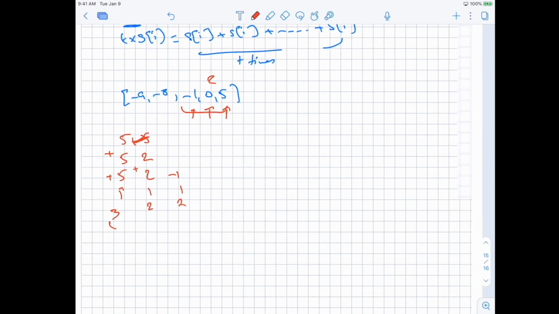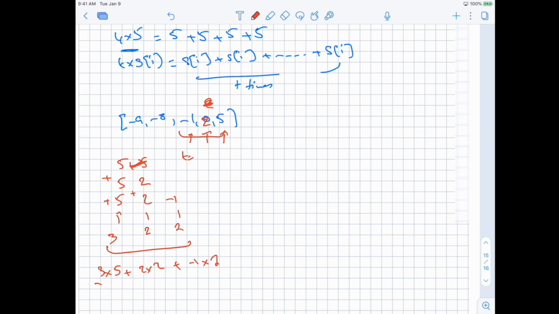And so this essentially is going to end up like 3 multiplied by 5 plus 2 multiplied by 2. This is supposing we had 2 here. And then plus -1 multiplied by 1, right? And now what is this? This is actually just if we had time, t equal to 1, t equal to 2, t equal to 3, then we are going to end up with t equal to 1 multiplied by -1 plus t equal to 2 multiplied by 2 plus t equal to 3 multiplied by 5.